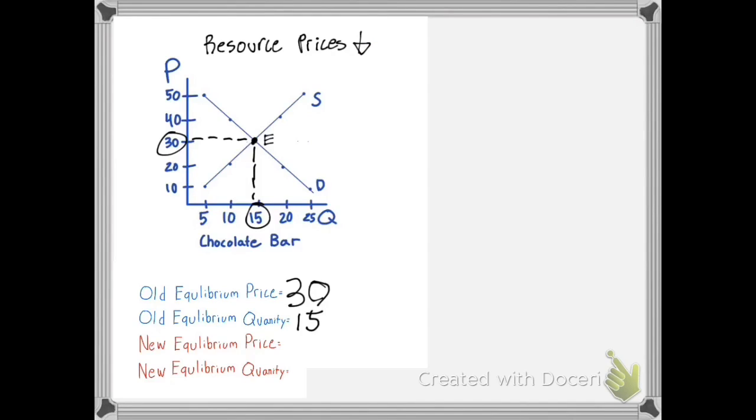So this basically means that it is cheaper to produce the chocolate. So this would equal a change of supply.